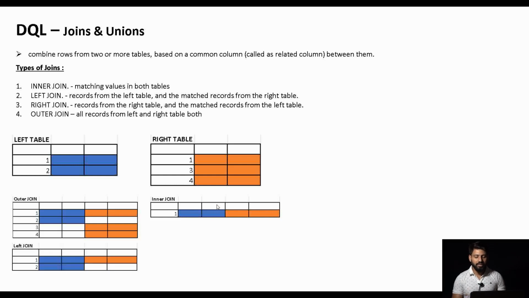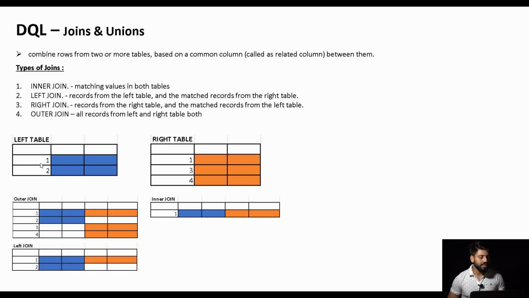After that, moving ahead with another join, that is left join. In left join, it will check the left table. It will take all the data from the left table and only the common data from the right table. That means whatever row ID is common in the right table, only those rows will be taken into this left join.